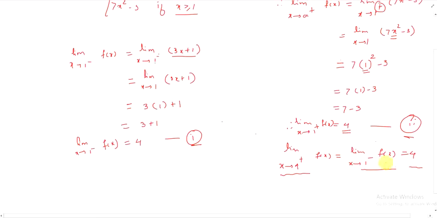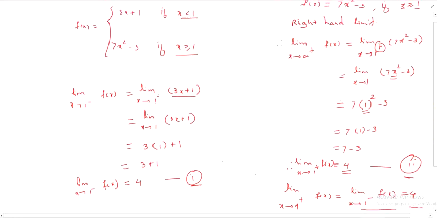Means our left hand side limit and right hand side limit exist and they are equal. Therefore we can say that the limit of the given function exists at x is equal to 1, isn't it? Therefore our definition gets satisfied here.